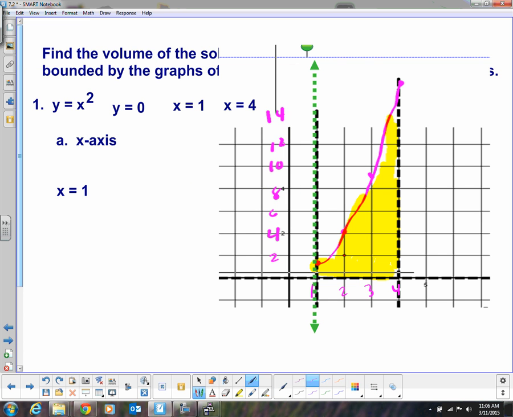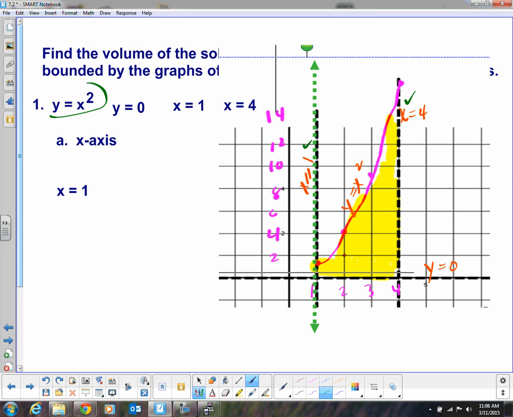All right. So what my suggestion is that this is x equals 4, correct? This line right here is x equals 1. What is this? y equals x squared, and this is y equals 0. Now, when we are horizontal, can I use y equals x squared? No. So this is good because it's x equals.